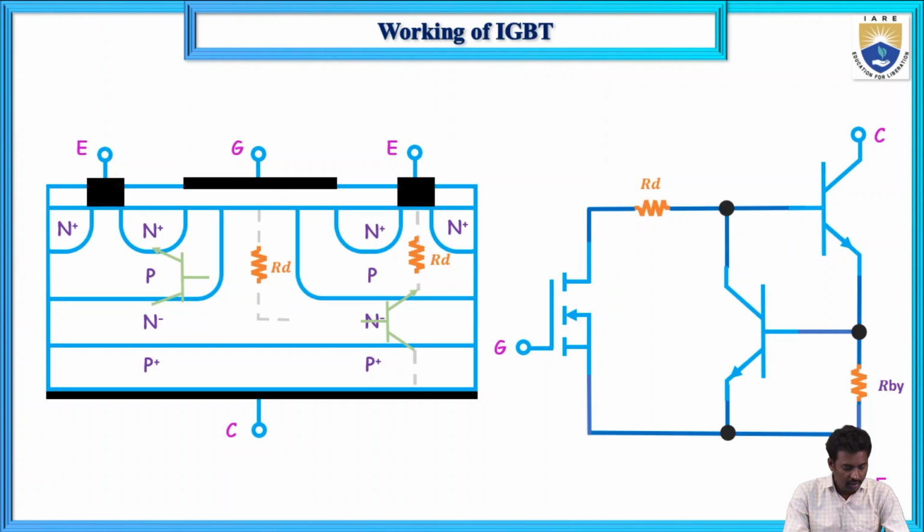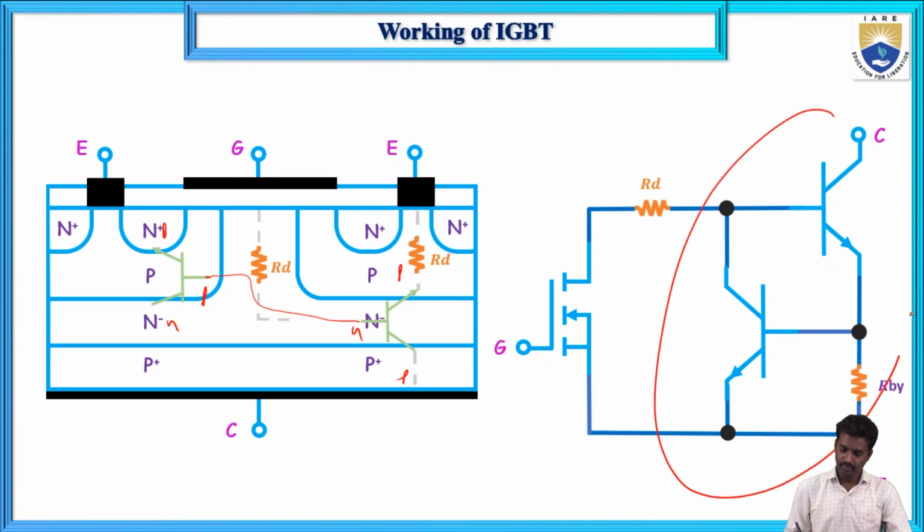Here this is PNP and NPN, and this PNP is connected to this one. So this is the two transistor analogy. If you draw this, it is the same as this transistor. So if you connect two transistors, that is an SCR, a thyristor.